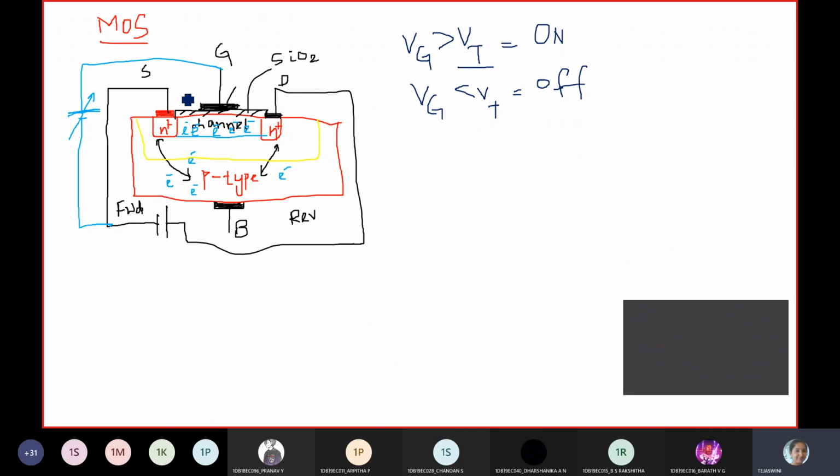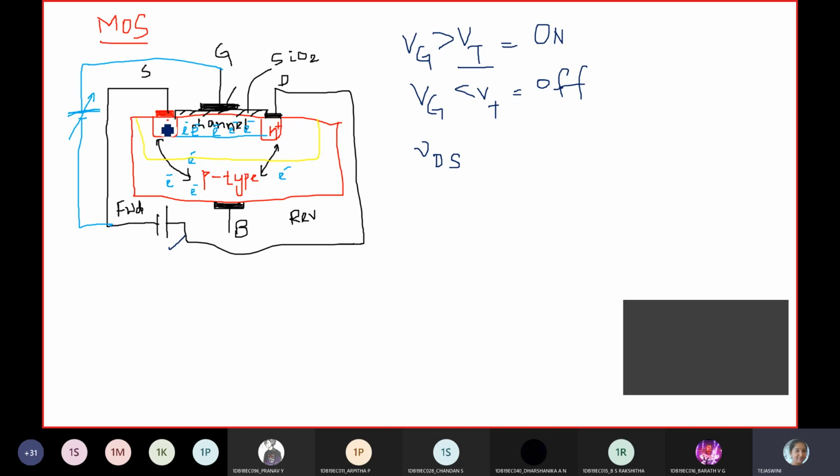So you can observe the source and the drain. The drain is at higher potential and the source is at lower potential. So VDS is required here. Electrons always move to the higher potential.